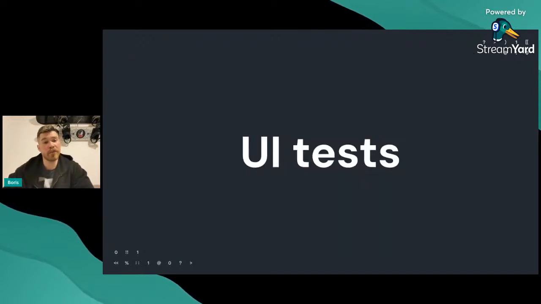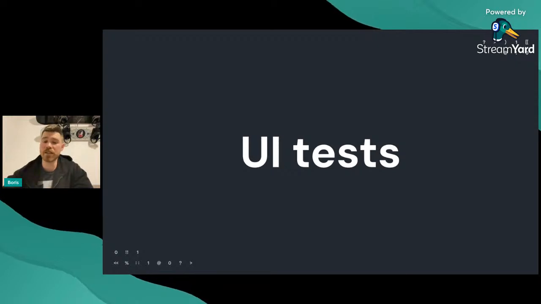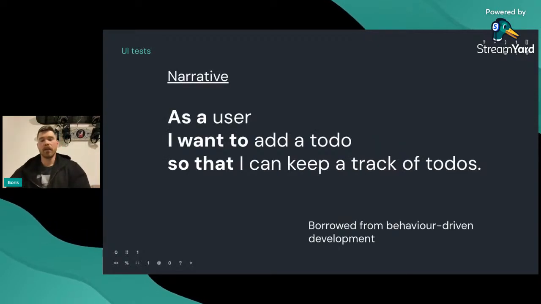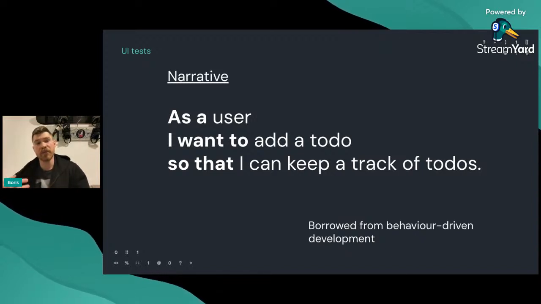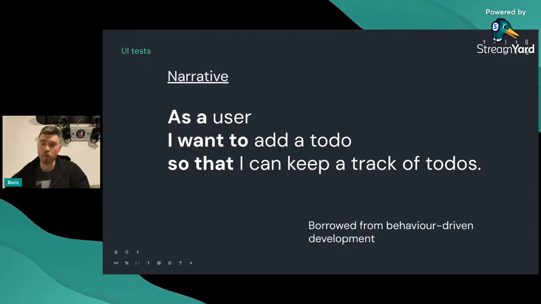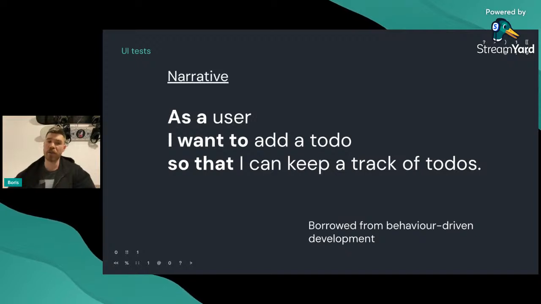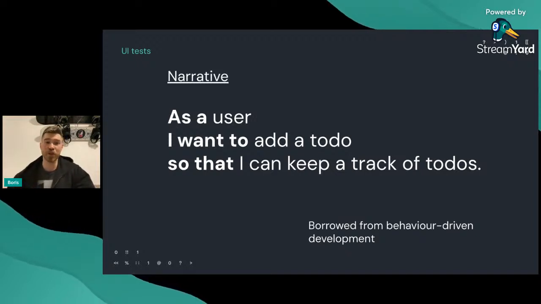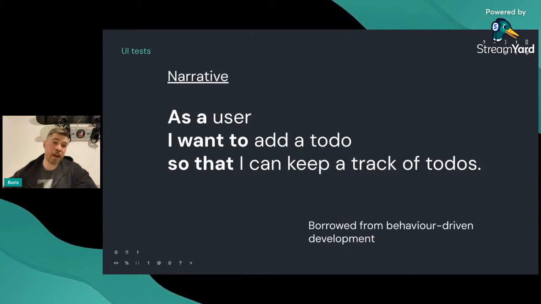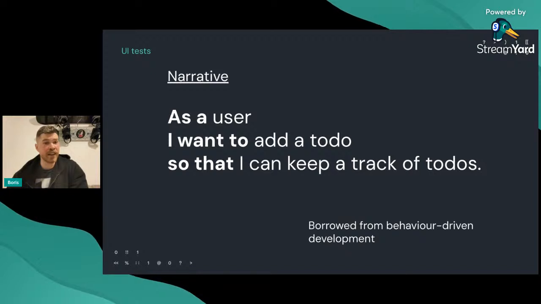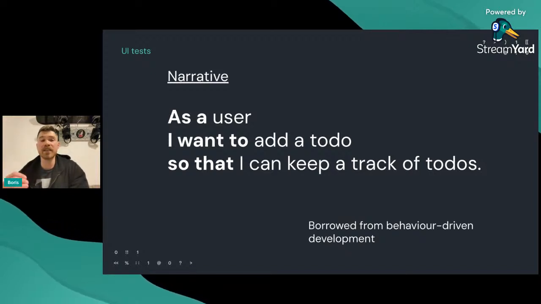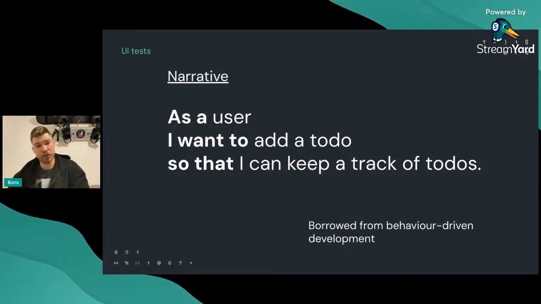Okay, first, let's talk about UI tests. Behavior-driven development did a very good job in bringing us a framework for how to write or design our UI tests from the perspective of any audience that you want to check. In our case, it's going to be a user, and we can write a narrative for adding a to-do: as a user, I want to add a to-do so that I can keep track of to-dos.